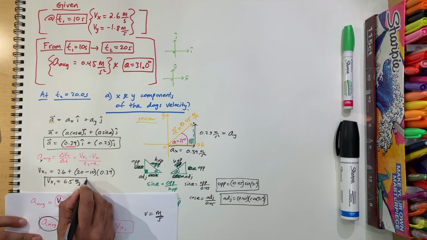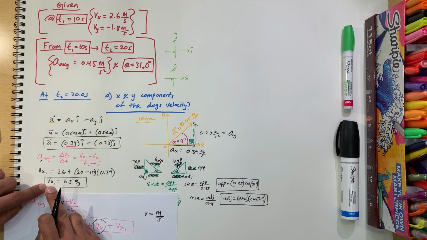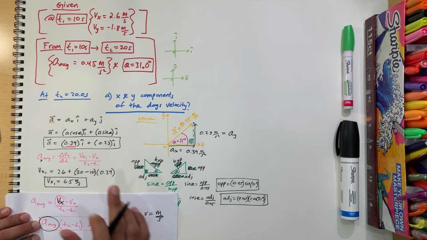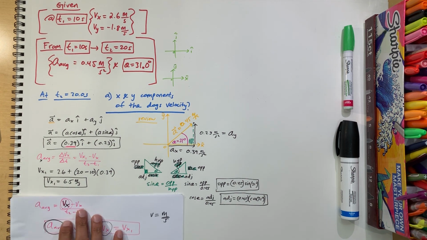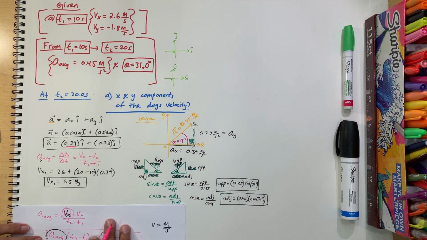Okay, so we got velocity in the x direction once he was clocked, and now we're gonna do the y. Okay. So now let's do again.